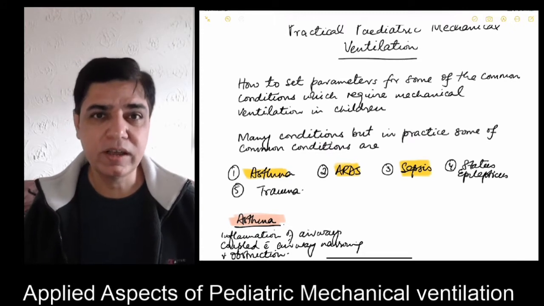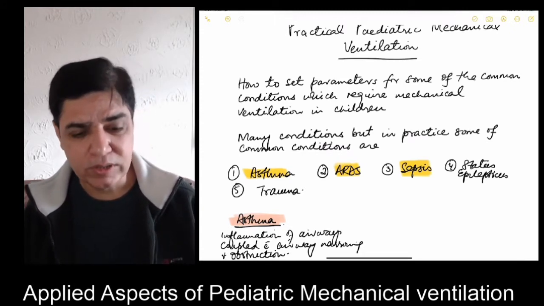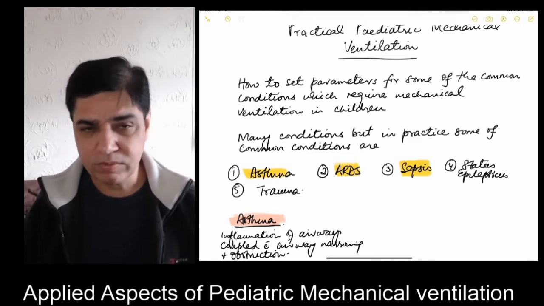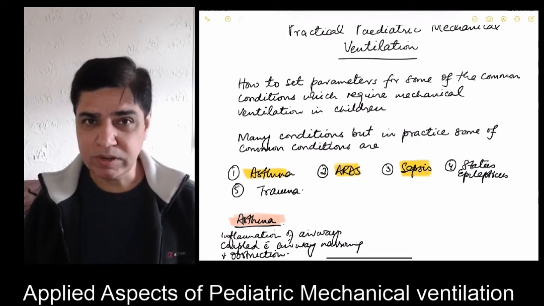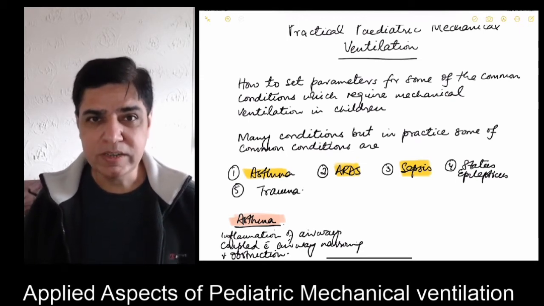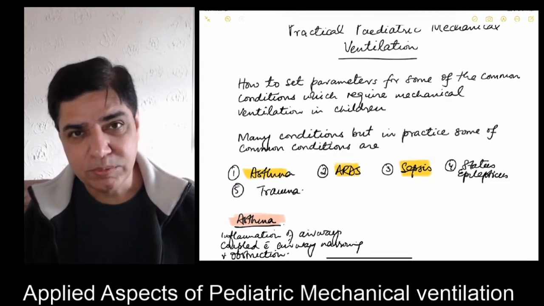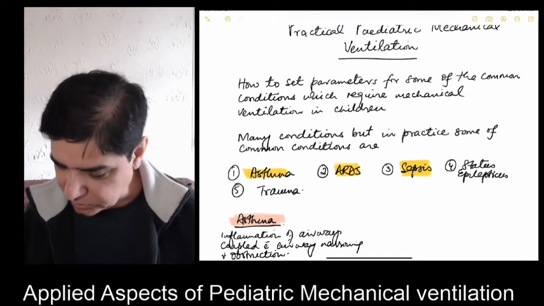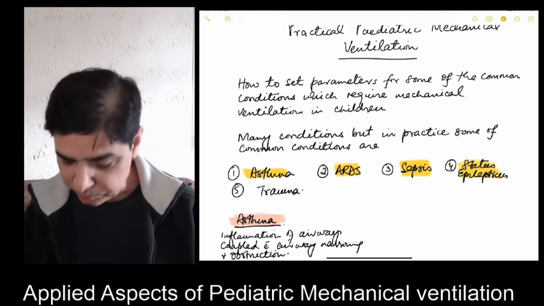So if a child has got non-stop seizures, you have gone through the routine PALS or APLS algorithms, you have given them 2 doses of benzodiazepine, and you have even given them phenytoin. Obviously, if all these things are not working, then you have to consider deep sedation, and obviously with that comes the mechanical ventilation. So status epilepticus is another condition in which you would like to consider mechanical ventilation.